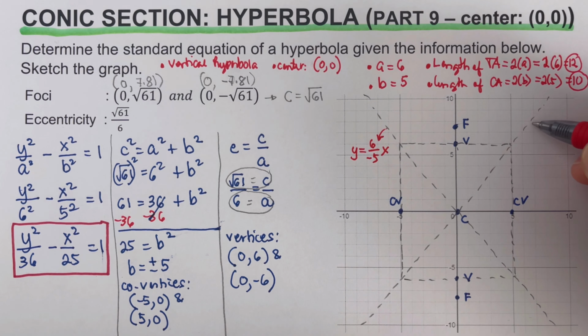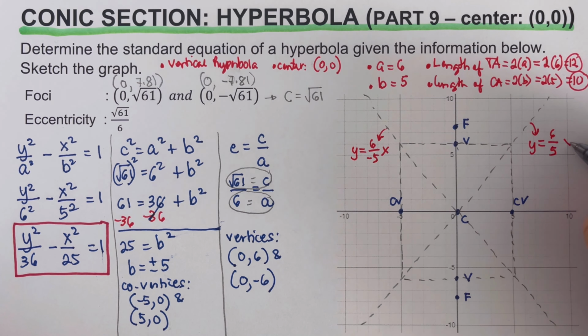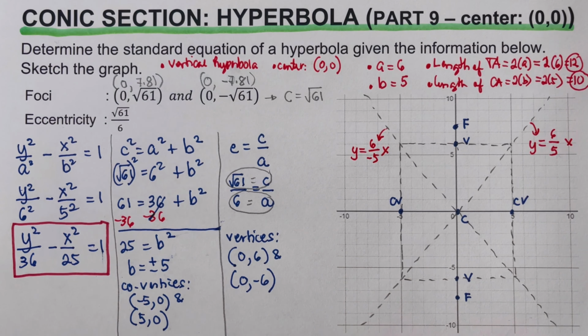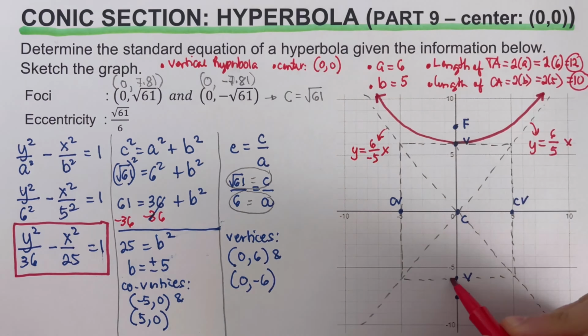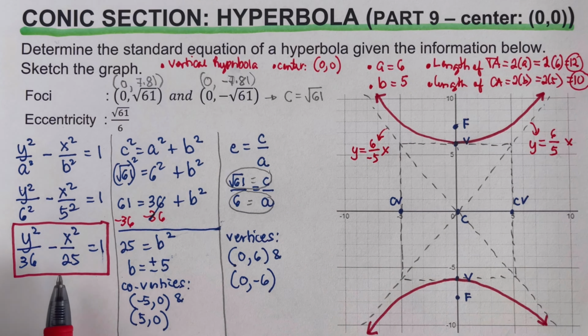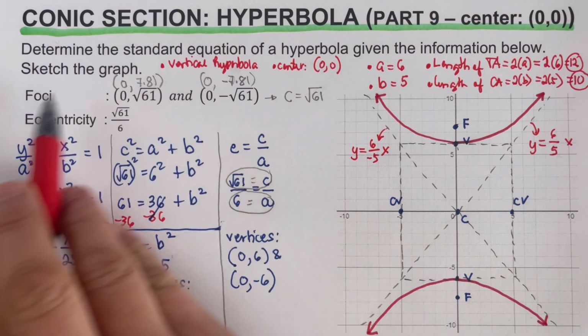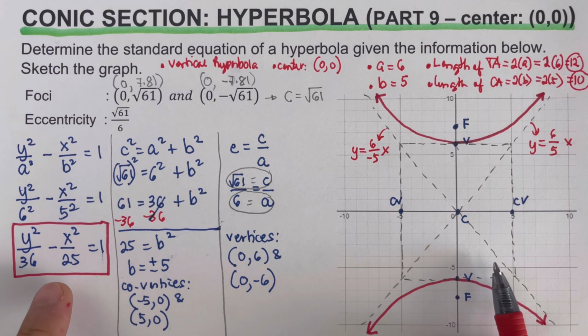Well, the equation for the other asymptote would be y equals, so we go up 6. And then we go to the right 5, and that's a positive. So that is y equals 6 over 5x. So that from here, we can go ahead and sketch the hyperbola. So this is the equation for this problem that we have right here. And this is the graph of this equation.